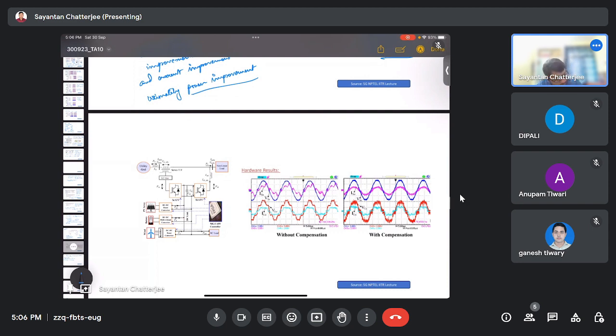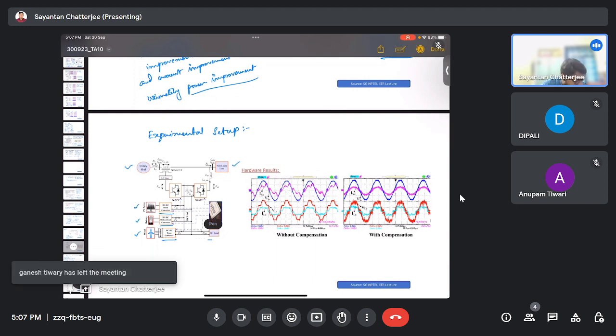This is the experimental setup. This is the utility grid. These are the nonlinear loads, and these are PV arrays, batteries, wind, and these are the DC-DC boost converter, DC-DC bidirectional converter, and another DC-DC boost converter.